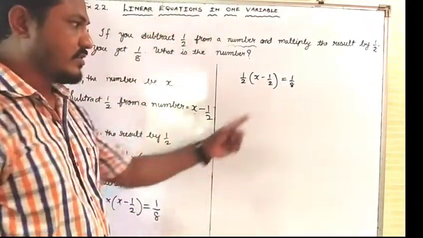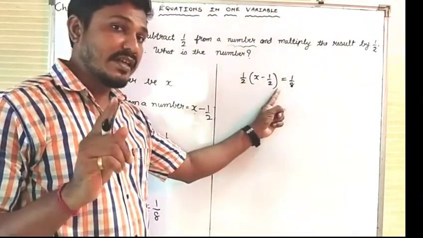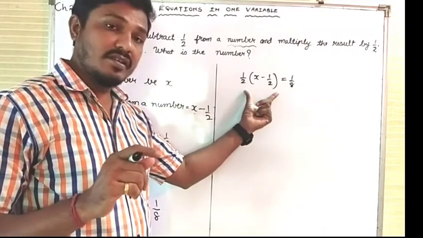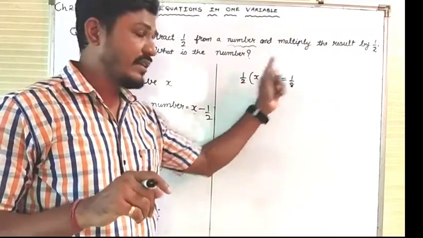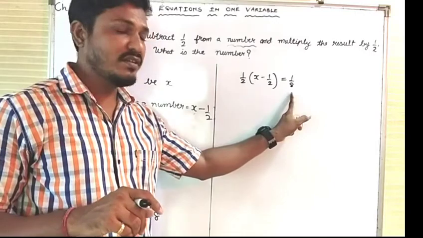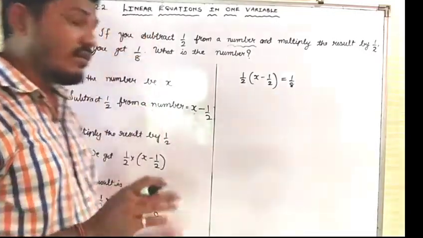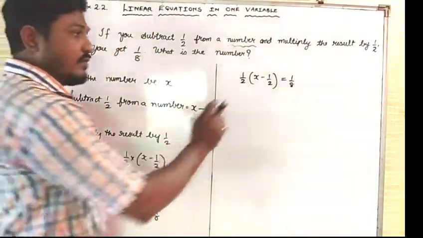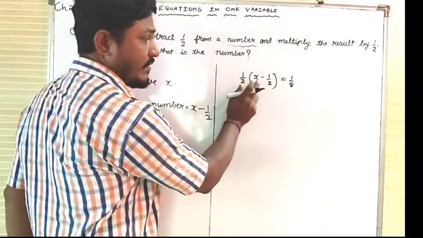Equal sign means equation, as I told you earlier. Here we have an algebraic expression on the left and a constant number on the right hand side. Now we have to find the value of x.